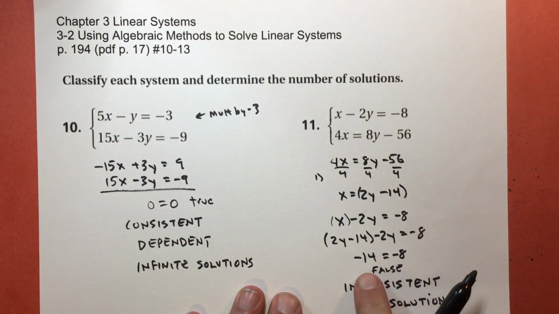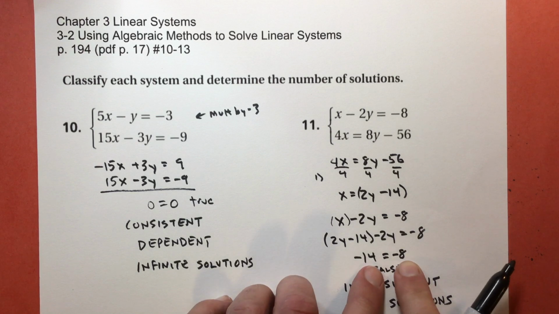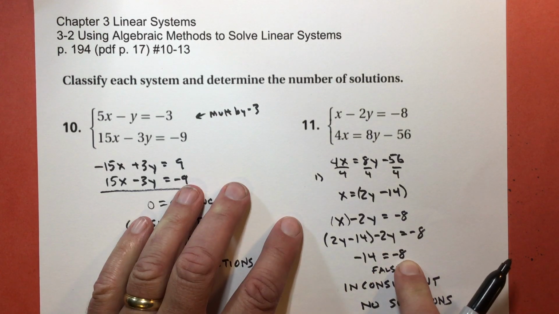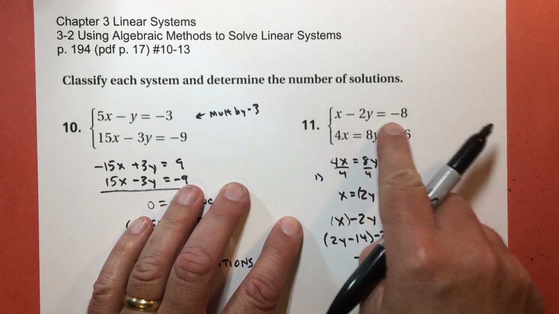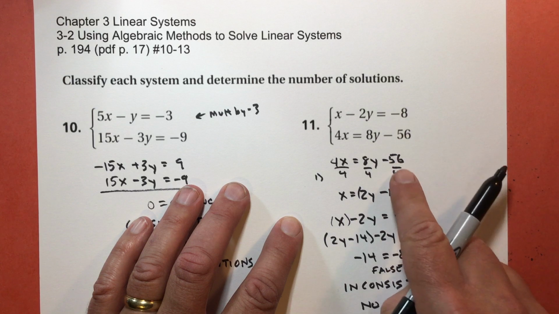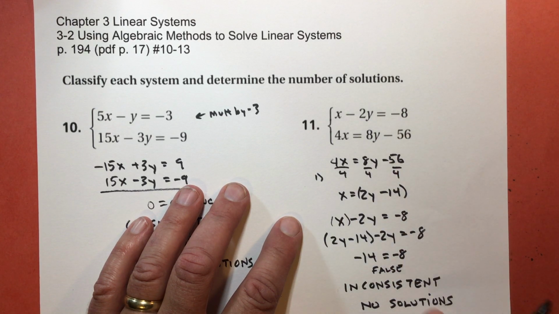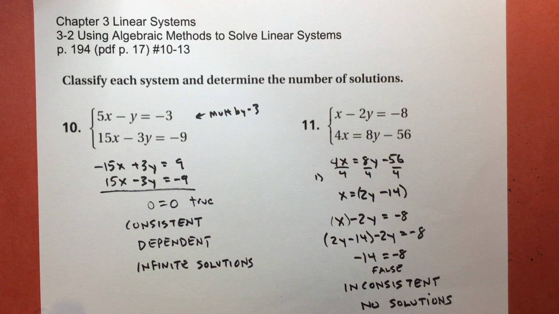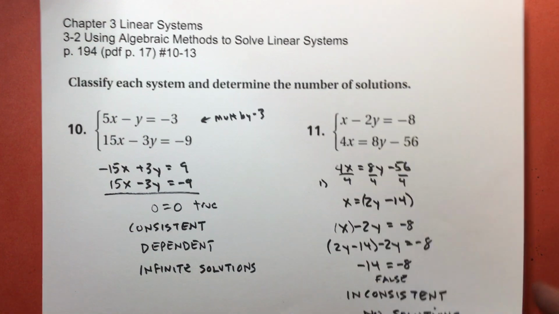And the reason why you get two different numbers here is because if you look at it, if I put either one of these in slope-intercept form, I'm going to have the same slope but different y-intercepts. So they're going to be parallel and crossing the y-axis at different places. Okay, these are not the y-intercepts, but that tells me that they're going to be crossing different places. So that's why we've got parallel lines here, and it's inconsistent.